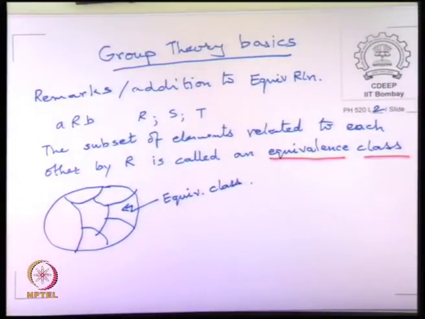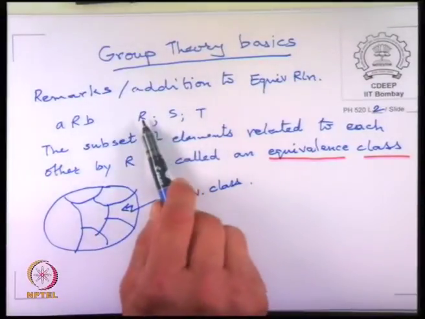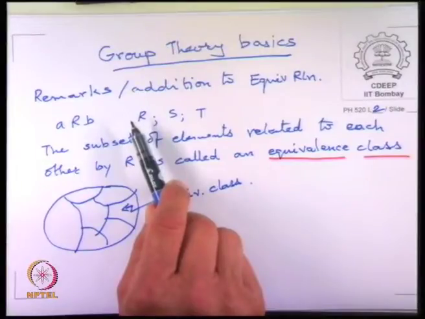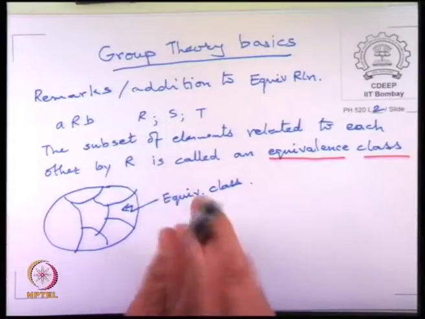And our statement was that the group splits up into disjoint equivalence classes such that the union of those equivalence classes is again back the whole group. And here the reflexivity allows for equivalence classes of single elements. Okay.